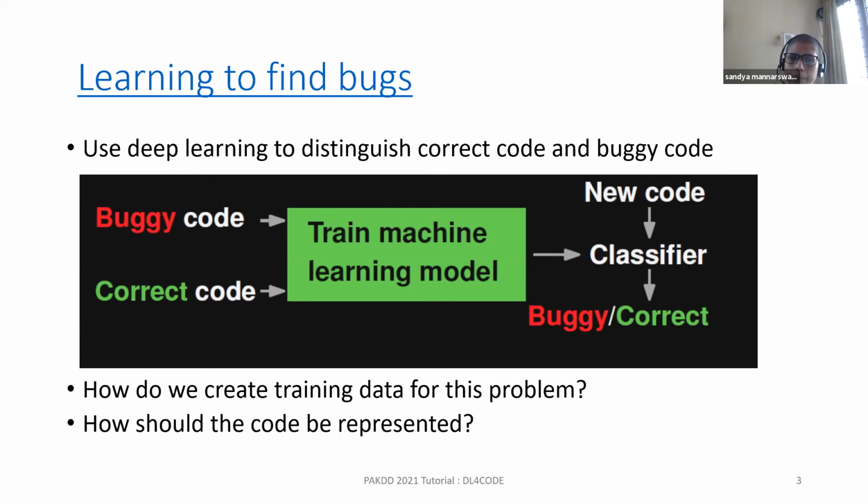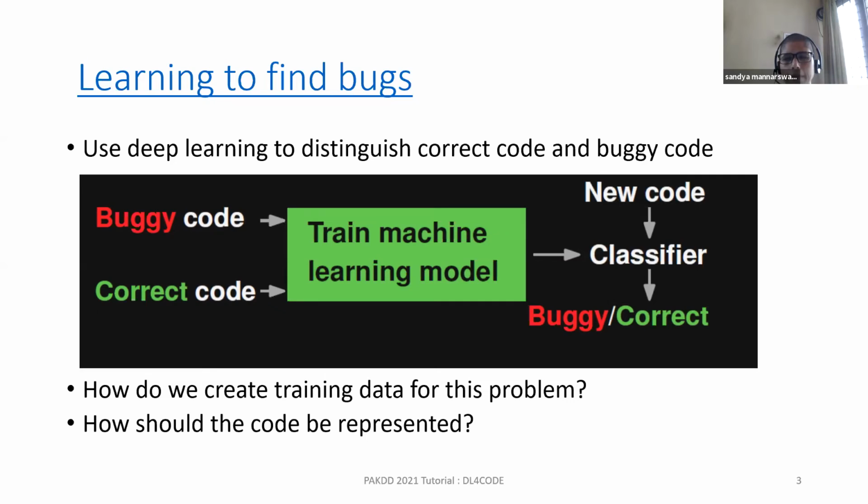Once we do that, what are the two other questions that become significant? The first question is, for any DL4Code application, before building a model, we need to answer: how can we create training data for this problem? And the other question is, if we can create training data, how would the input code for the model be represented?